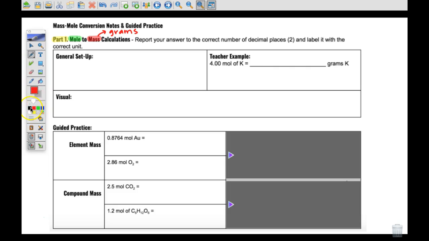So before we start a conversion, let's review our 5 steps in order to do a unit conversion. The first is to put our given over 1. Our second is to draw our next chunk.